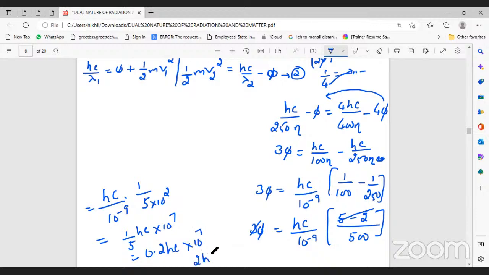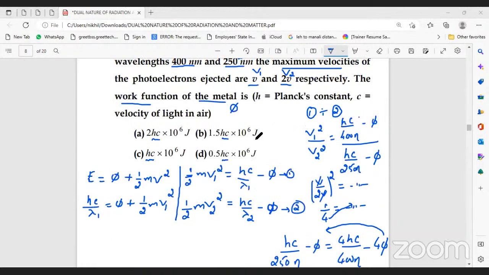Or you can take it as 2 times hc into 10 power 6. So 2 times hc into 10 power 6. So which is the right option? Option A, right? 2 times hc into 10 power 6.